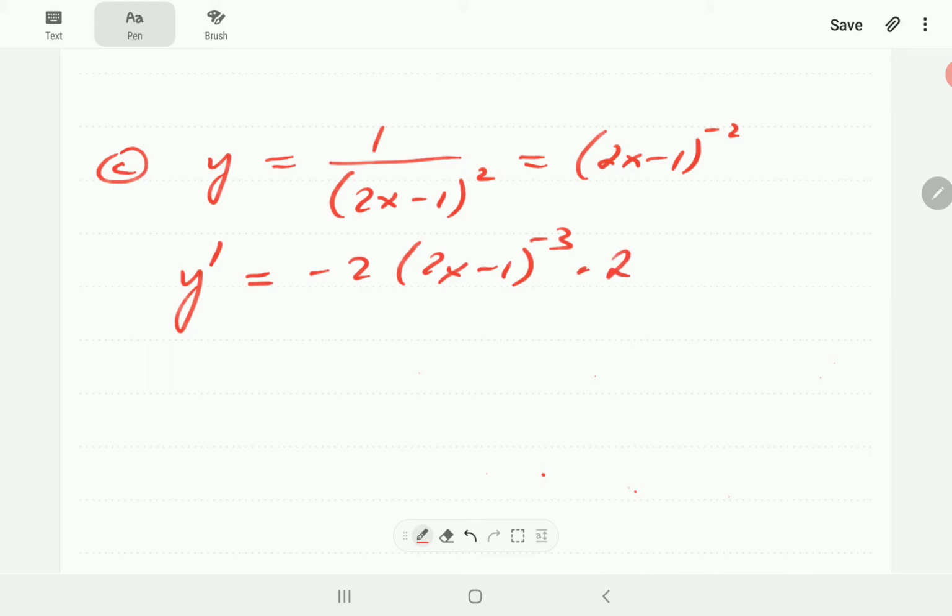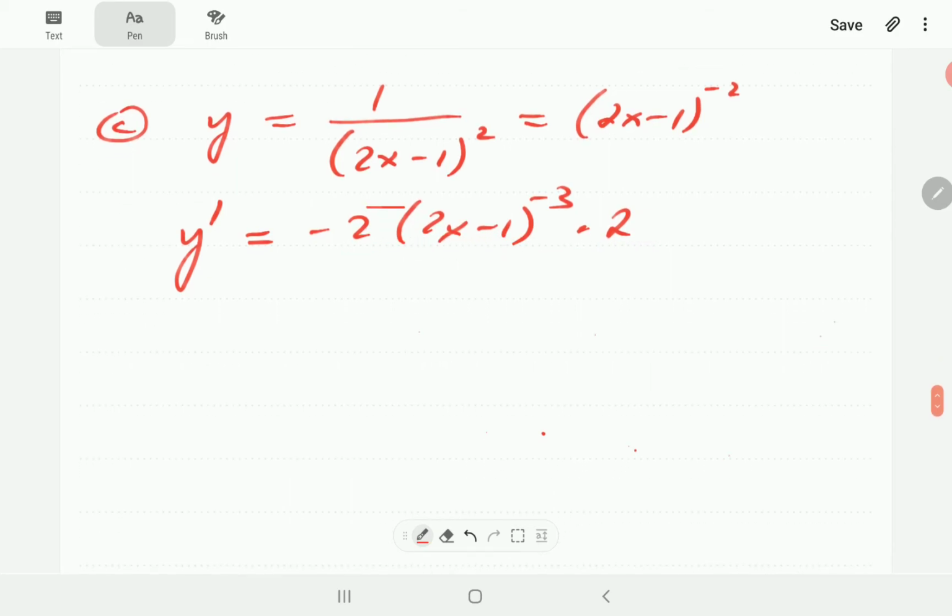Okay, and then again, just going to leave these 2 terms as they are. I'm not going to combine them, because this one is coming from the power and this one is coming from the derivative of that. So, and then second order derivative, going to have -2 times -3, then 2x minus 1 is now going to be power -4.